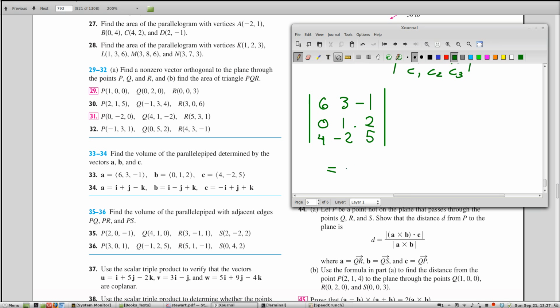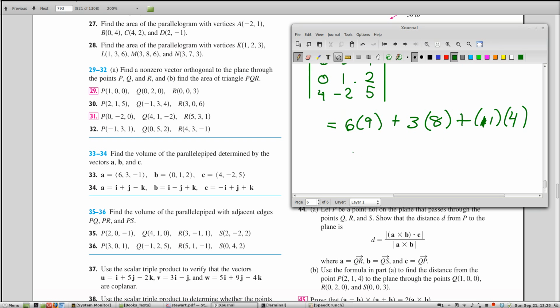This turns out to be 6 times 1 times 5 is 5, minus 4 is 9, minus 3 times 0, minus 8, so this could just be plus, and now we've got minus 1 and 0 and minus 4, so this could just be positive 4.